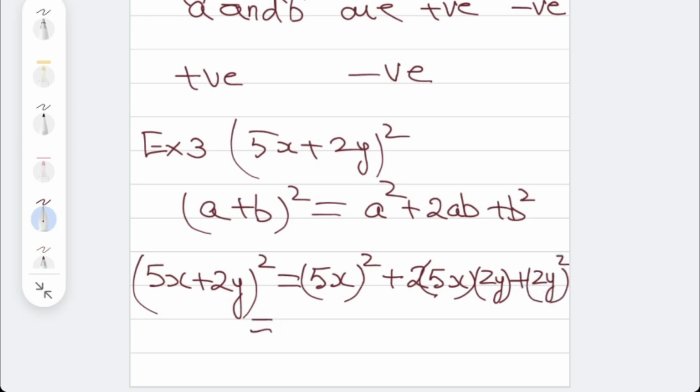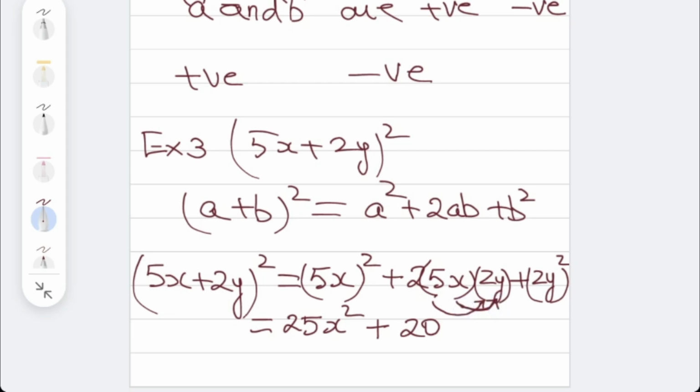So the answer is, when you do a whole square for 5x, 5 whole square is 25 and x whole square is x square. Here it is 2 into 5, which is 10, 10 into 2 is 20, and then you multiply the variables.